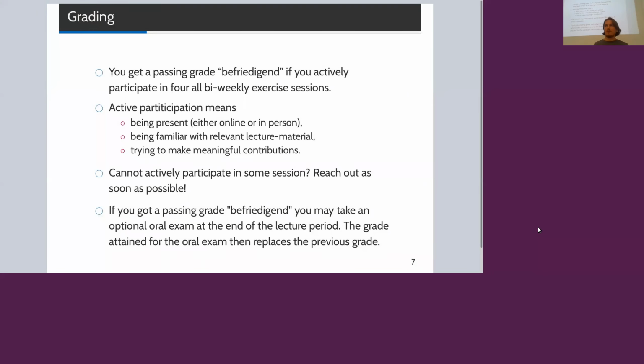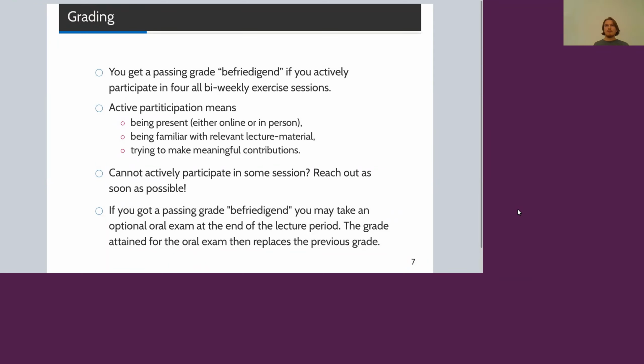This means being present, in person or online. And it means that you can contribute something to the session, like being familiar with the relevant material is mandatory, and that you should make some meaningful contributions, not just sit in the corner and not say anything. So this is required for participation in this course to get a grade in the end. And if you do that, you already get the befriedigend.